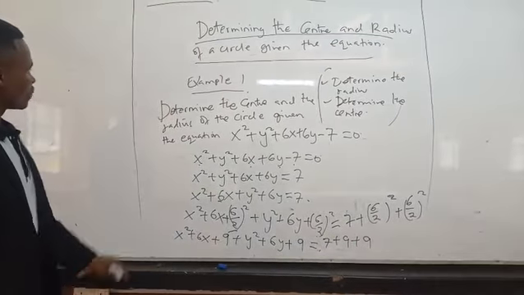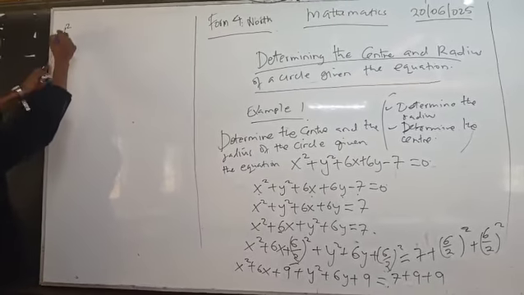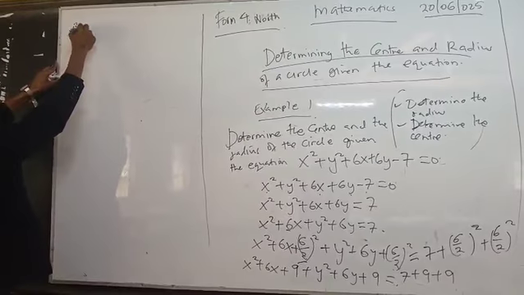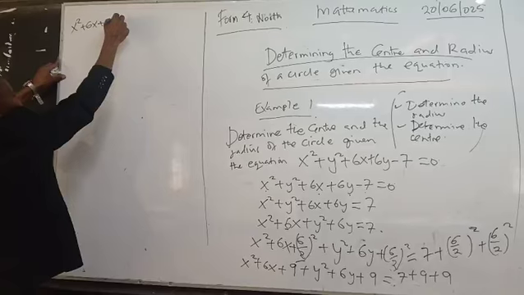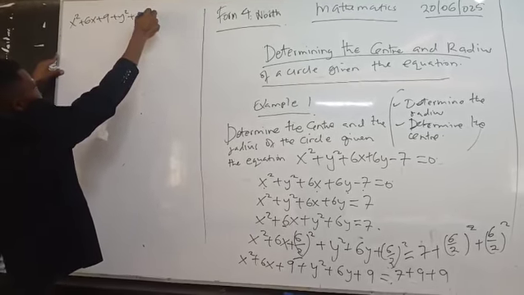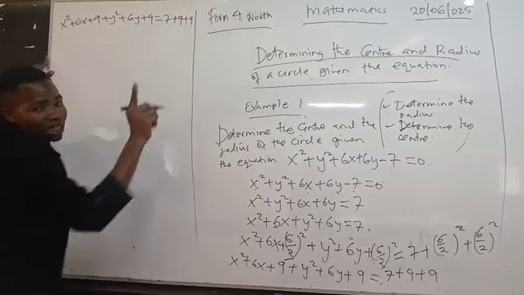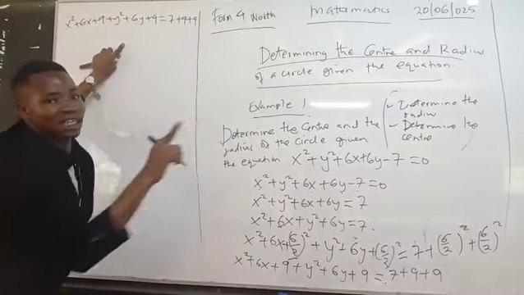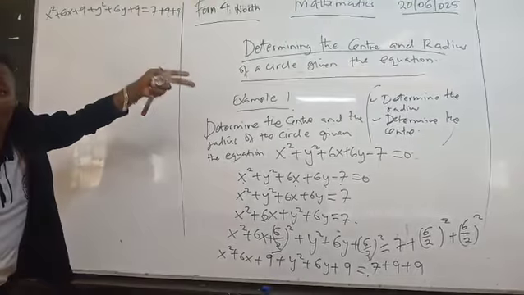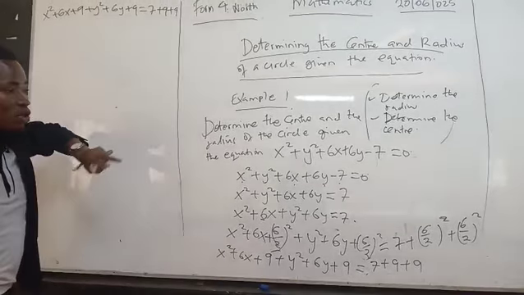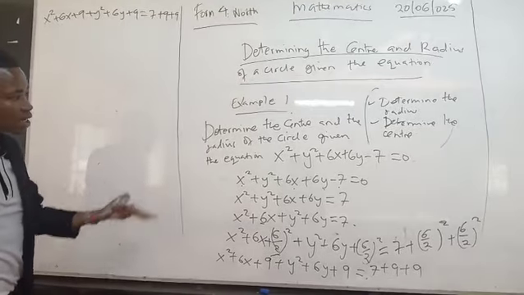Good. Then let us continue on the other end. We have x squared plus 6x plus 9 plus y squared plus 6y plus 9 is equal to 7 plus 9 plus 9. But remember, this last part is the radius squared. If you are told to determine the radius, find the square root of this last part, which is already computed.